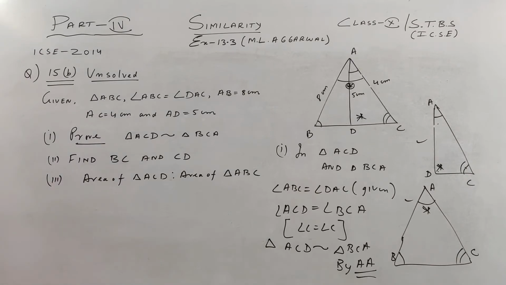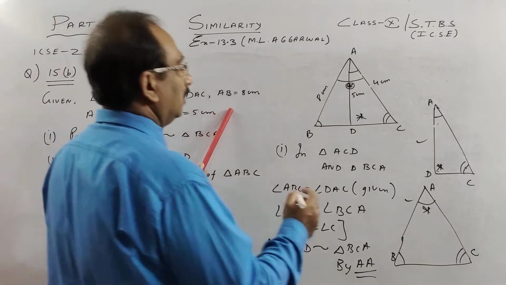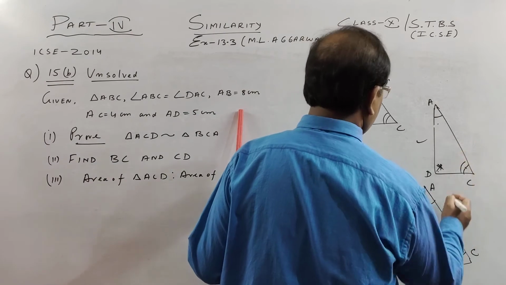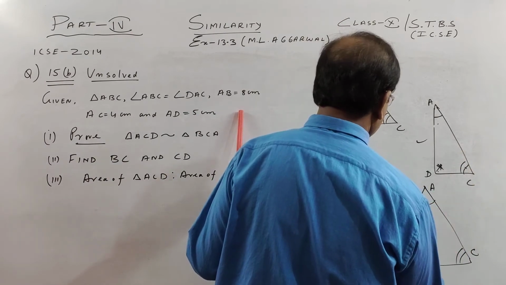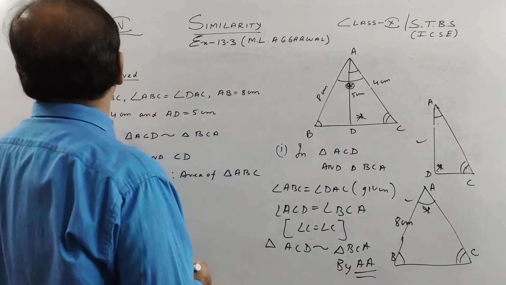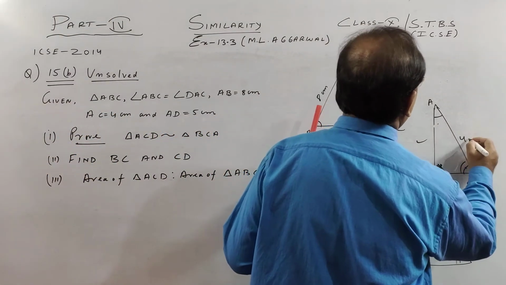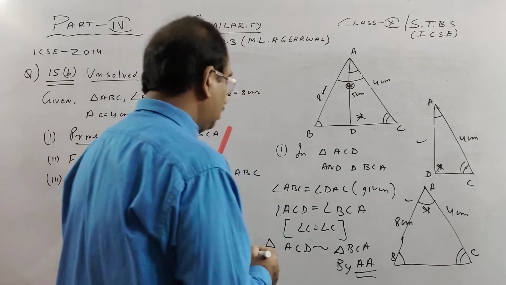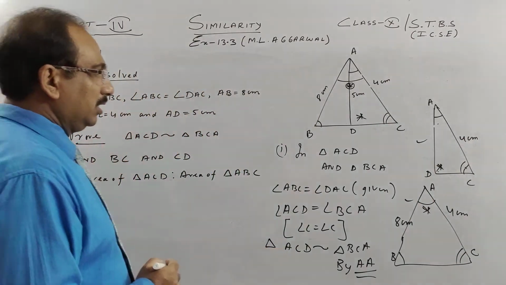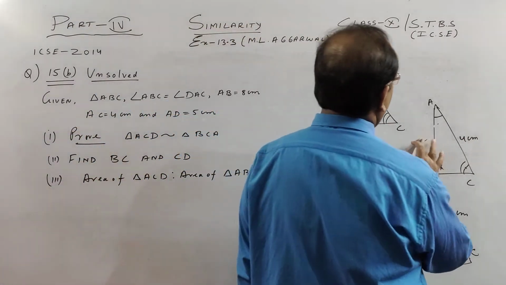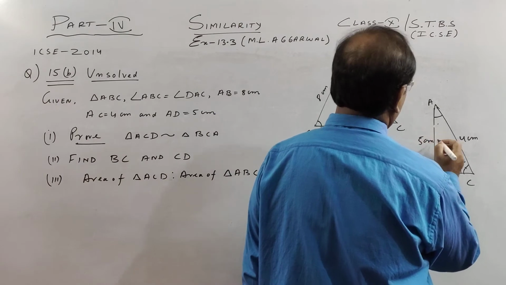AB is 8, so in this diagram I can write AB is 8. AC is 4. Remember children, AC is common. AC is 4 and AD is 5. This is given.